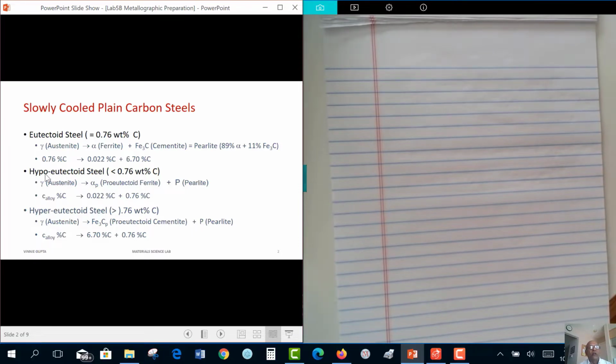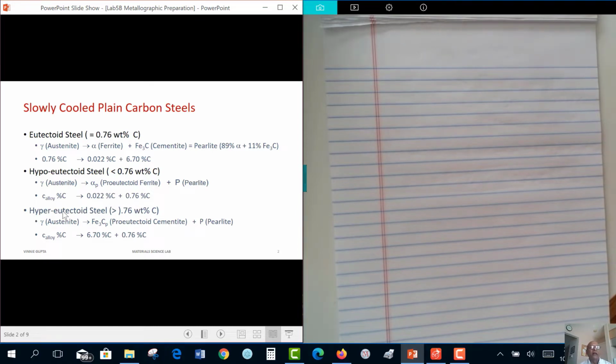So whatever was austenite at high temperature, since it passes through the ferrite phase before reaching the eutectoid temperature, we have pro-eutectoid ferrite, and the remaining austenite converts to pearlite. And the composition of pro-eutectoid ferrite remains 0.022 and pearlite remains 0.76.